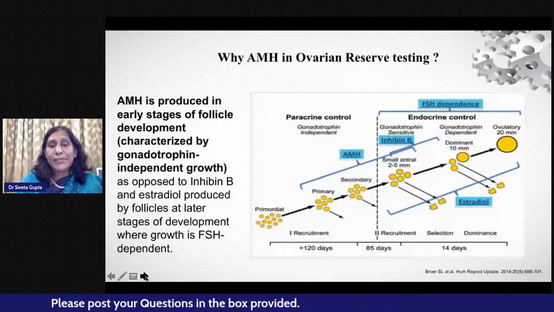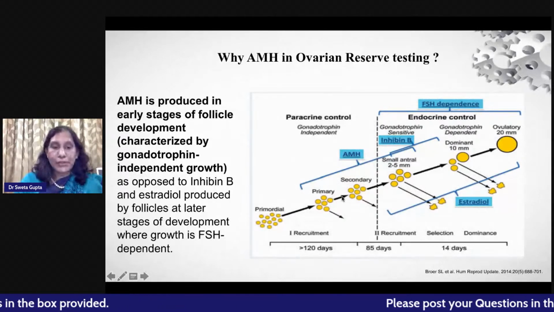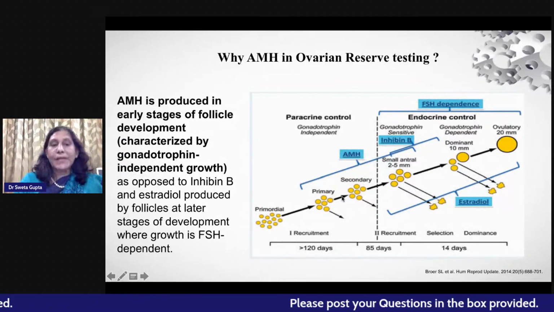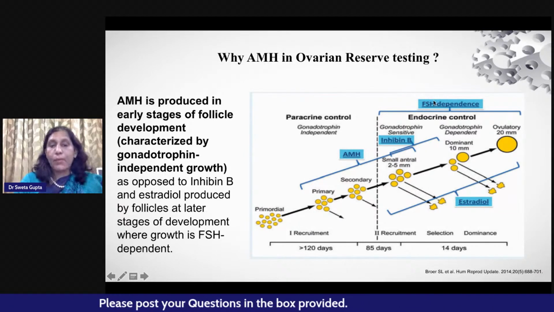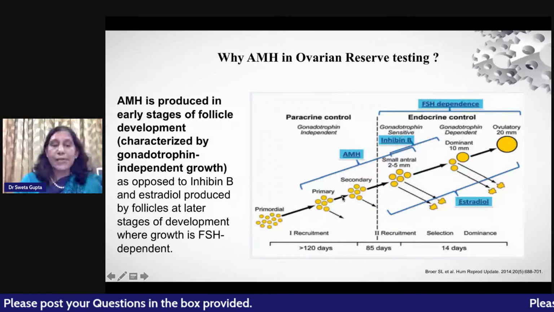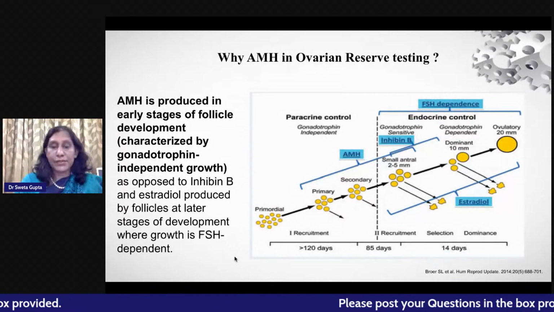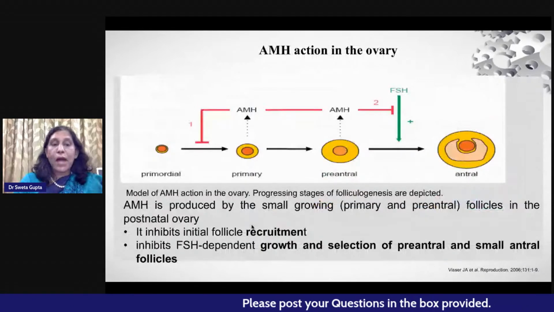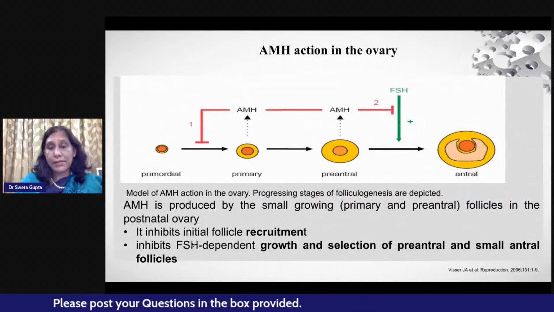As we see in this diagram, it is produced in the early stages of the follicle, which is characterized by gonadotropin-independent growth, whereas other markers are dependent on FSH. So what is the mode of action of AMH?